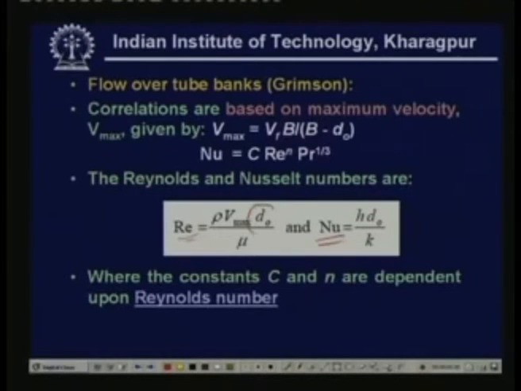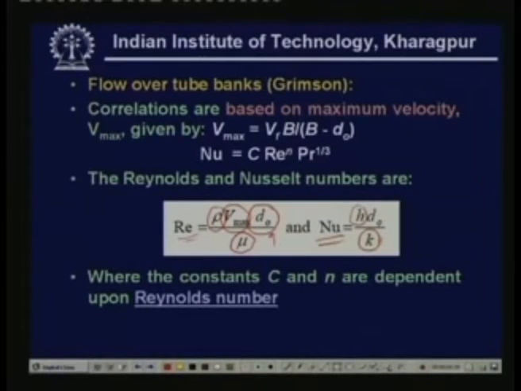We are not using hydraulic diameter, but simply the outer diameter of the tube, because we are talking about tube banks. D naught is the outer diameter of the tube, mu is the viscosity of air, rho is the density of air, and V max is the maximum velocity given by the above expression. Similarly, the Nusselt number is given by h into D naught divided by k, where k is the thermal conductivity of air and h is the convective heat transfer coefficient.